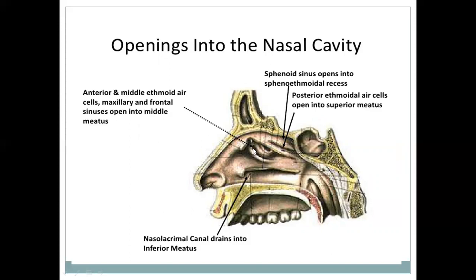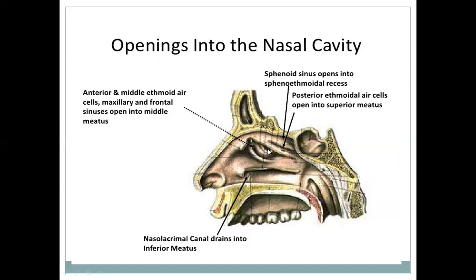The anterior end of the hiatus semilunaris receives the frontal sinus, and this area is called the infundibulum. The middle area of the hiatus semilunaris receives the anterior ethmoidal air cells, and the last area, the posterior end of the hiatus semilunaris, receives the maxillary sinus.